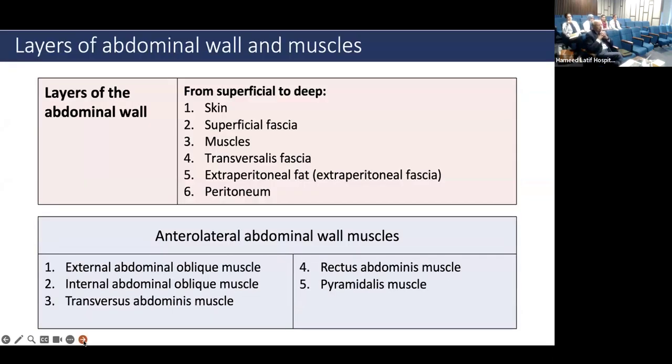Layers of the abdominal wall from outside going inwards are skin, superficial fascia, muscles, transversalis fascia, extraperitoneal fat, and peritoneum itself. These are the 6 layers. Mind you, when we open or close the abdomen, since we do most of our work in the midline, and even in transverse incisions, we concentrate on the midline.